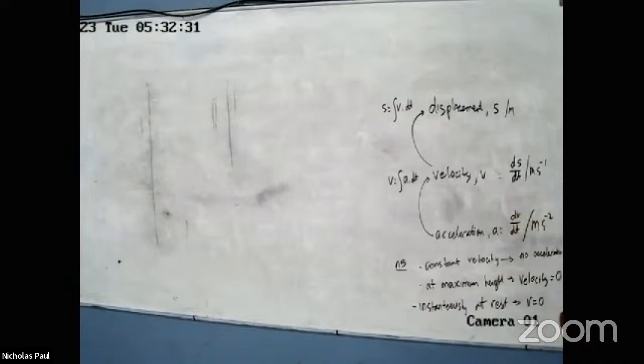Also remember that velocity is a vector quantity. So if one direction is positive, the next direction is negative.